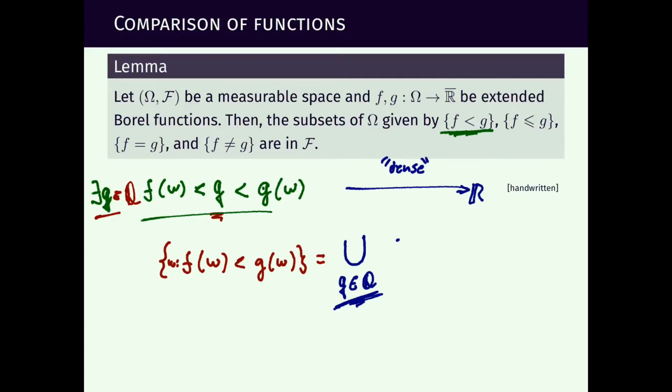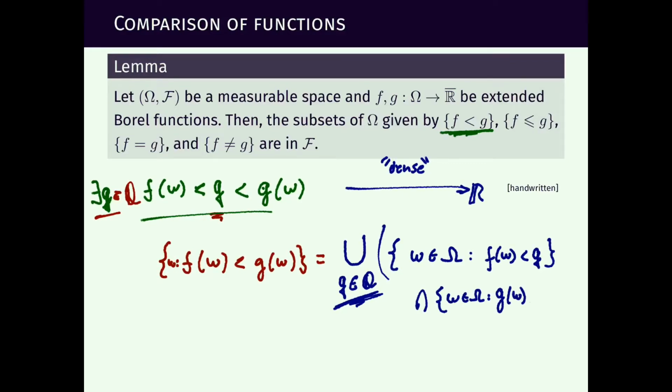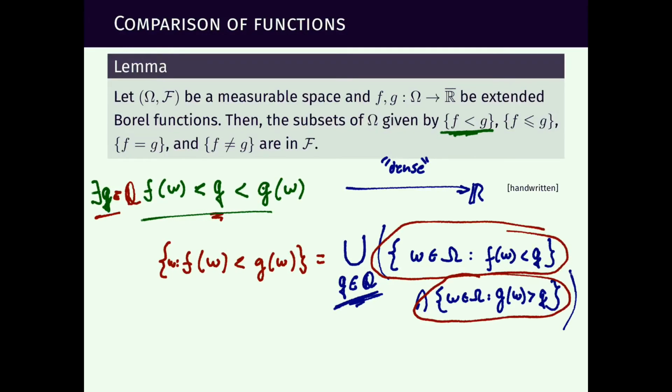You take the union over all these sets of omega such that f of omega is less than q, and such that g of omega is larger than q. Now we know this set here is measurable if we assume that f is a measurable function, and this set here is also measurable if we assume that g is a measurable function.